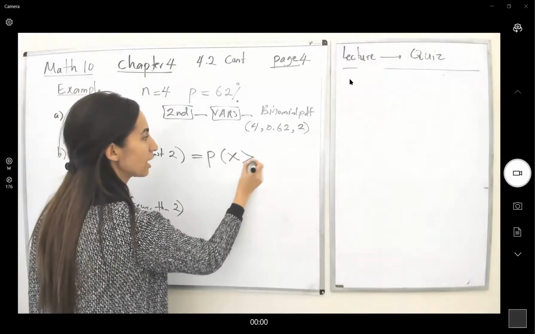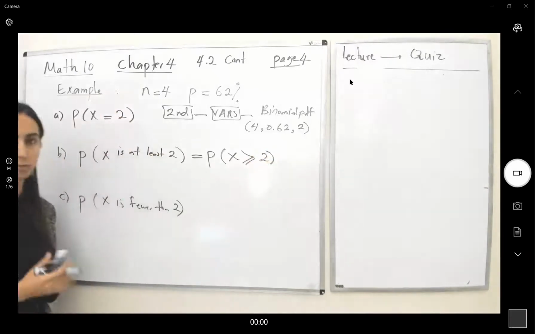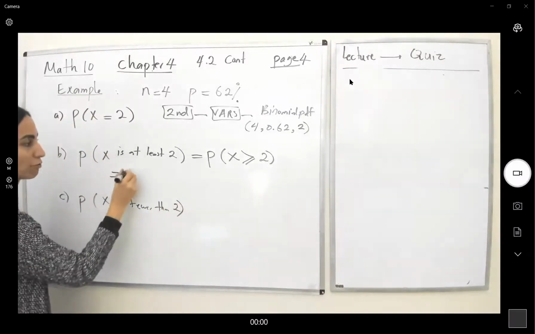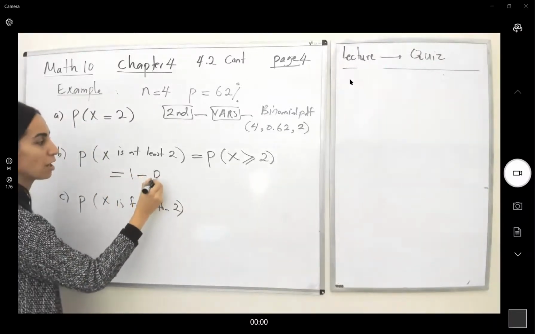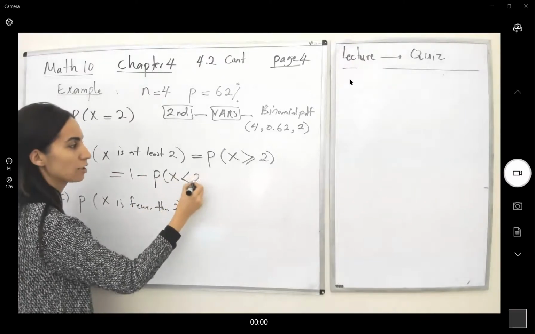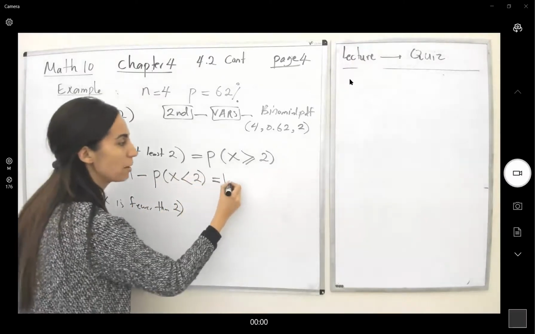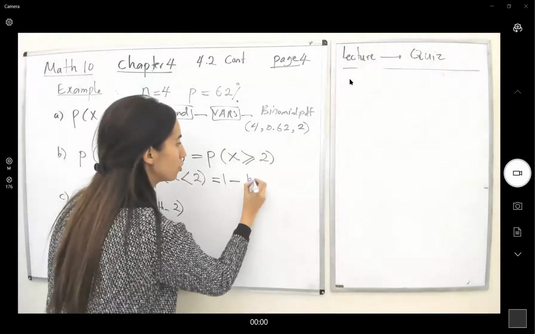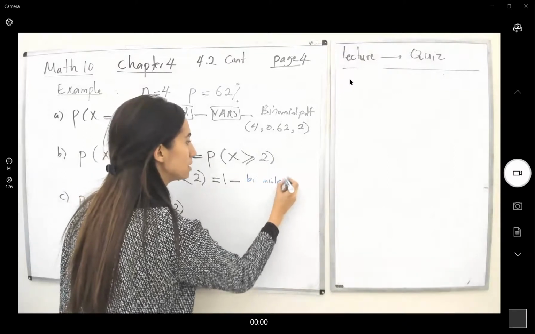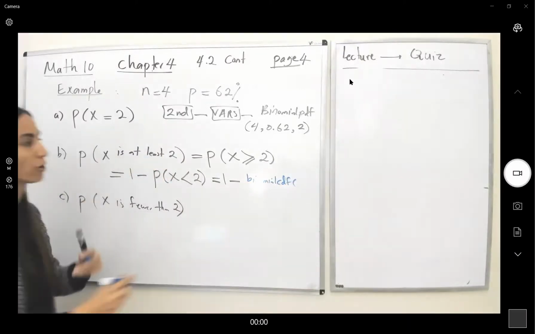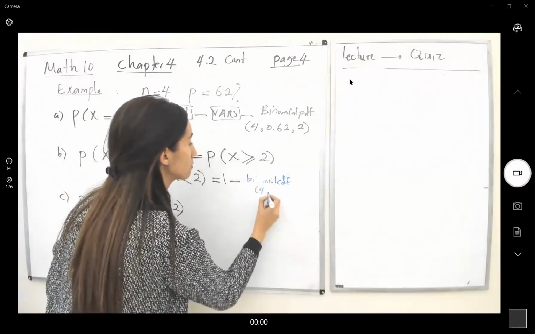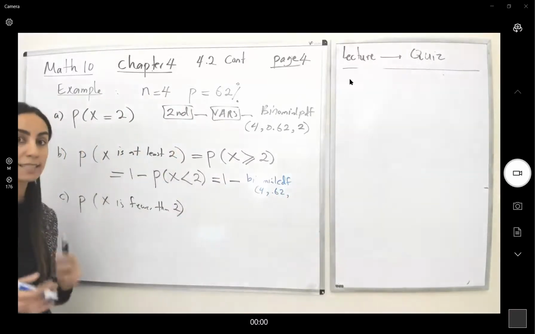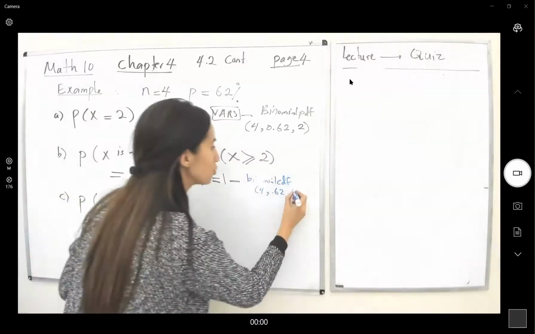So this is equivalent to saying that you have 1 minus P of x less than 2, or 1 minus binomial CDF, for 4, 62%, 0.62, and since it is less than, we have to subtract 1 from 2 as well, 1.